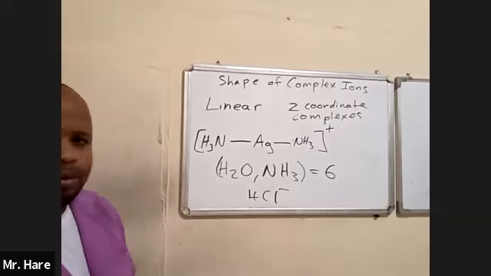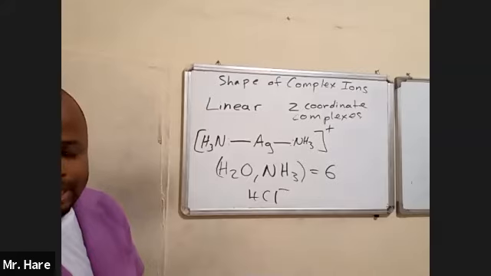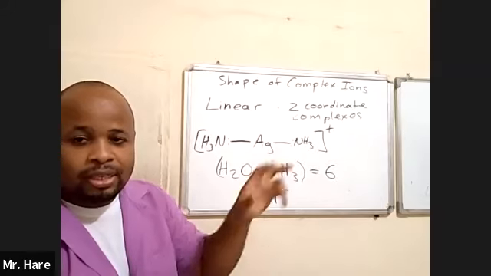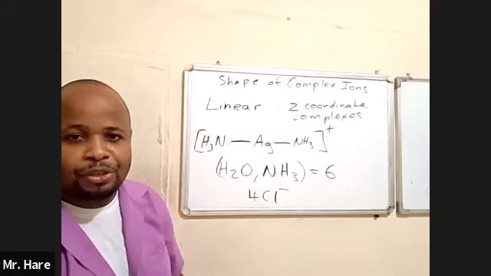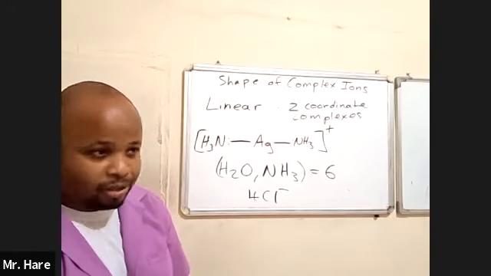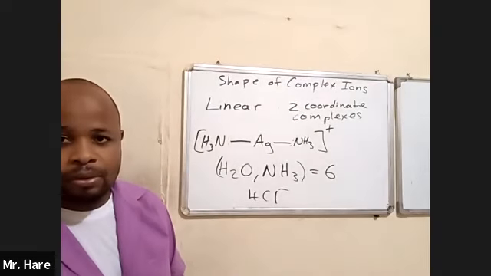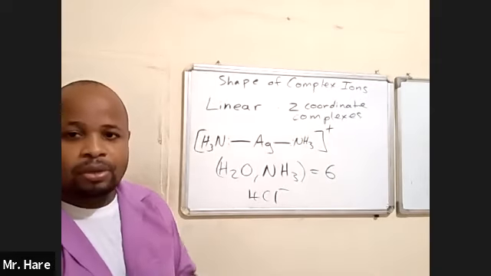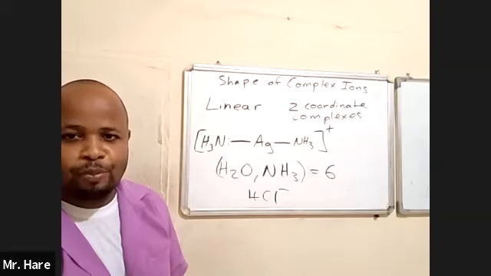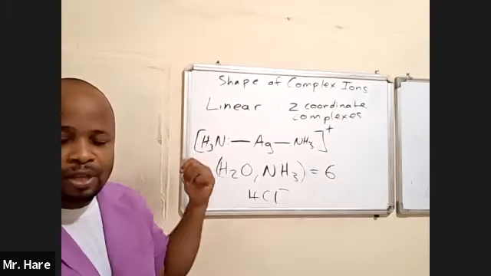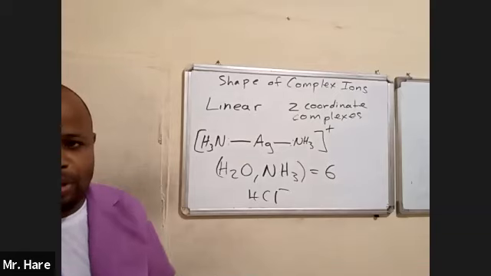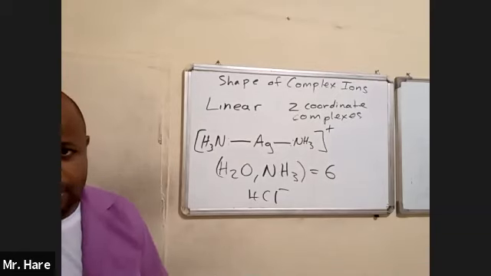So the coordination number is just the number of bonds the ligands are forming with the central metal ion. So this one, we are forming 2, so the coordination number is 2. We're forming 4, the coordination number is 4. And for the octahedral, the coordination number would be 6.